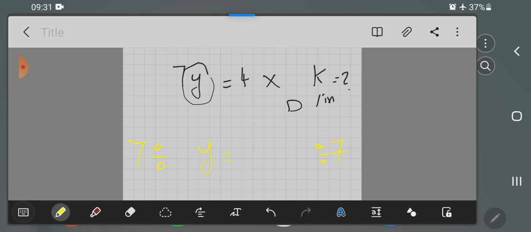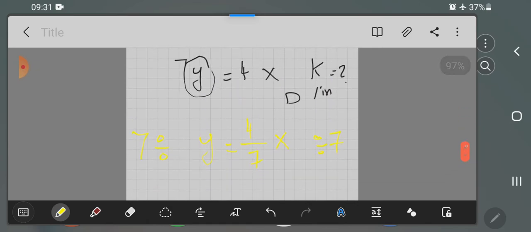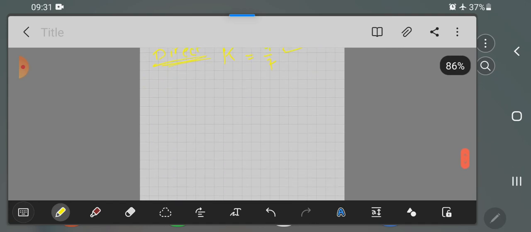So y equal 4 over 7x. Now you see it's direct or indirect? Let me check. K equal 0? No, k equals 4 over 7. So that's right, it's a direct variation, not equal 0.